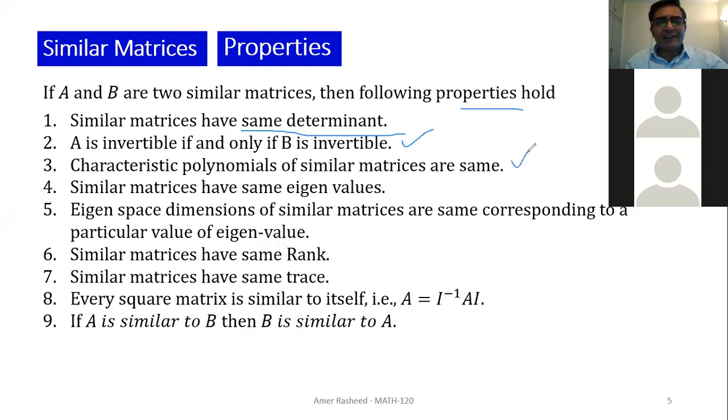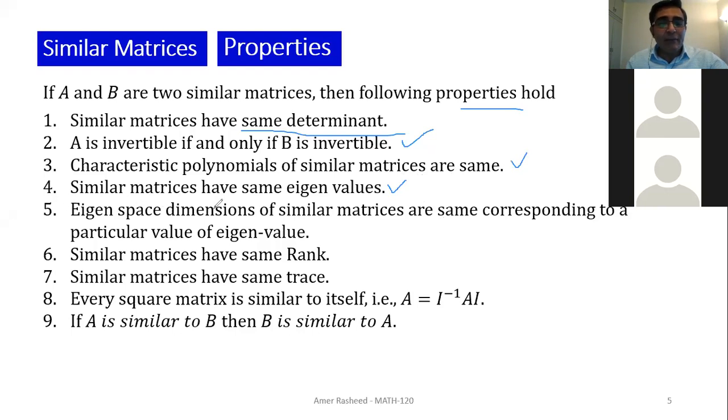Third property, characteristic polynomials of similar matrices are same. You can try it. If we have two matrices which are similar, then their characteristic polynomials must be same. If their characteristic polynomials are same, then they must have same eigenvalues. They must have same roots. So the fourth one is, similar matrices have same eigenvalues.